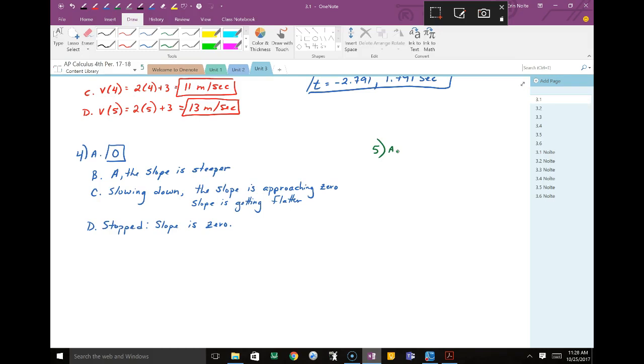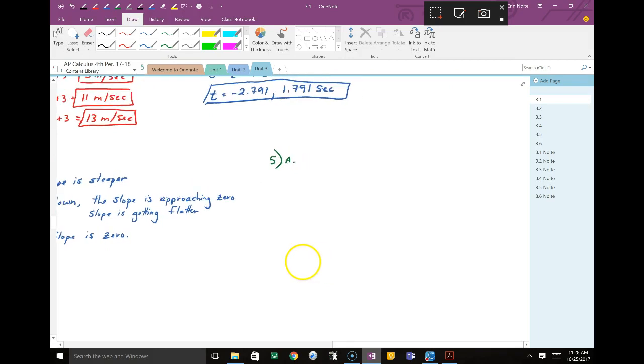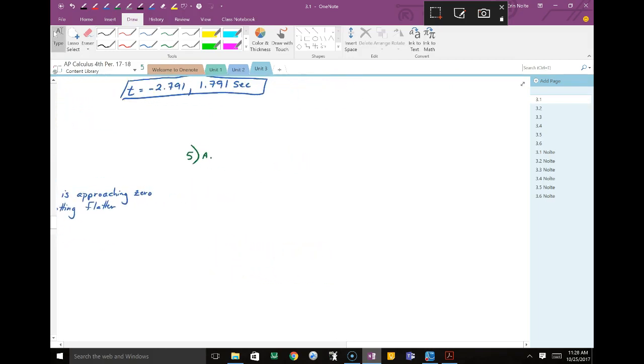Wow, they go big off the bat here. So how do I do 5A? Right, so initial and final position.